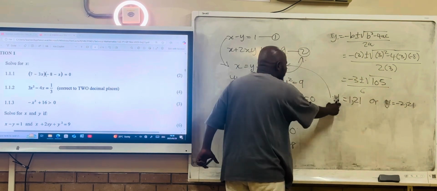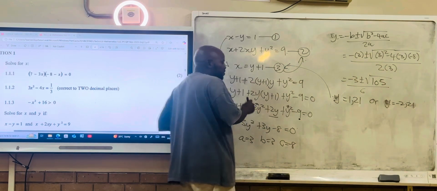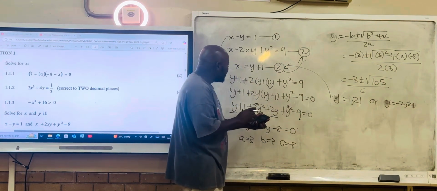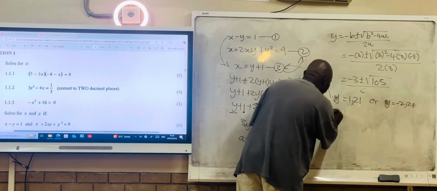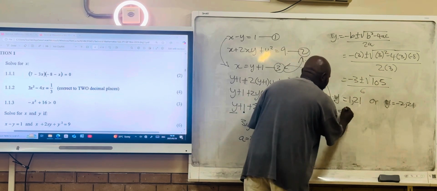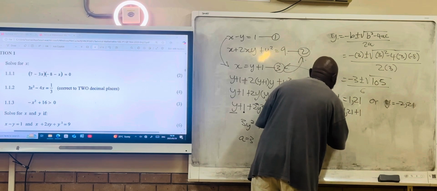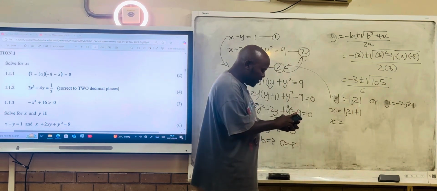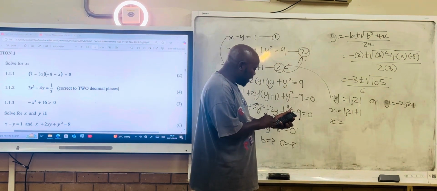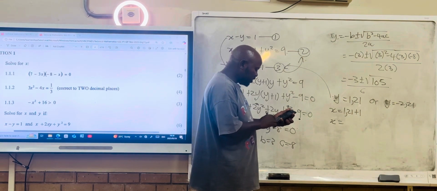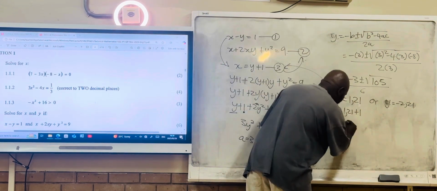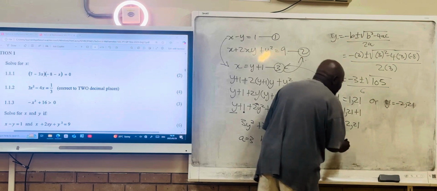Y. Now we're looking for our x values. x is equal to 1,21 plus 1, which will be 2,21.